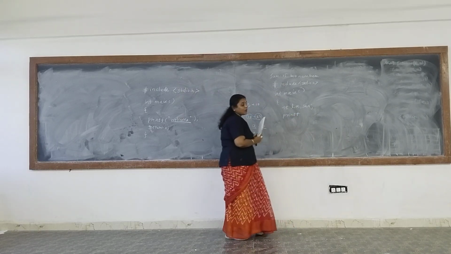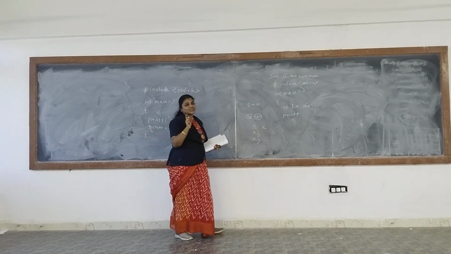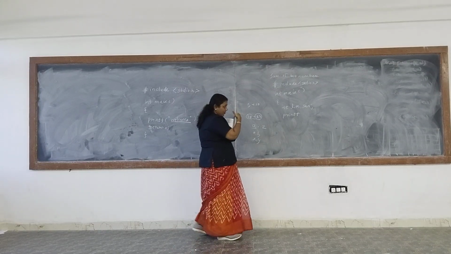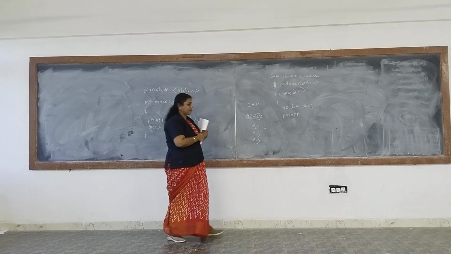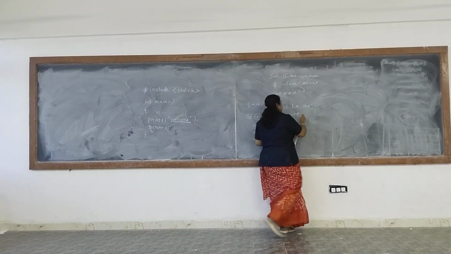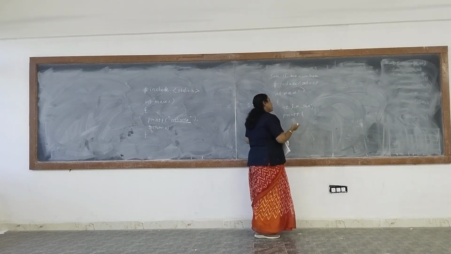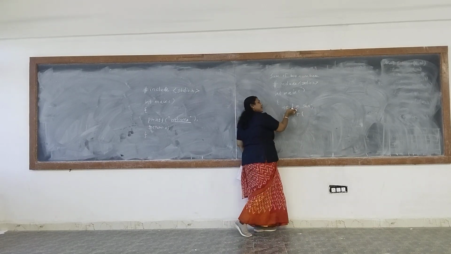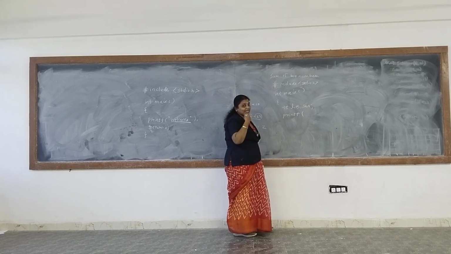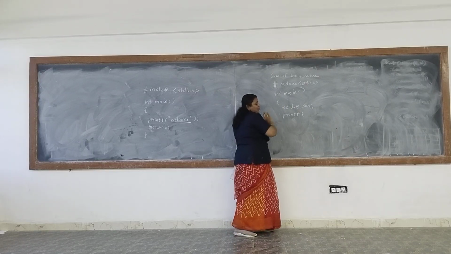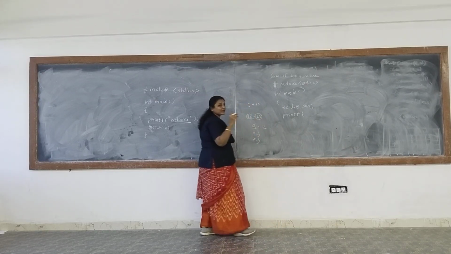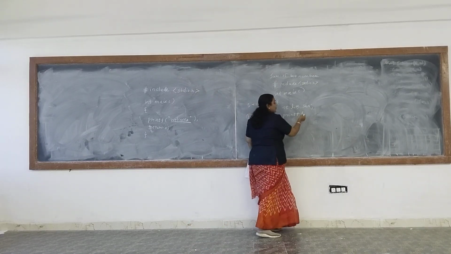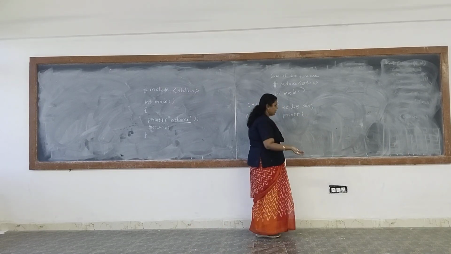And one thing you should know: the output statement, printf, should always come first, followed by the input statement, scanf. Here the printf statement is what we want, because I just declared the variables L and M without assigning values. The values should come from the user, so you have to mention: enter two numbers.